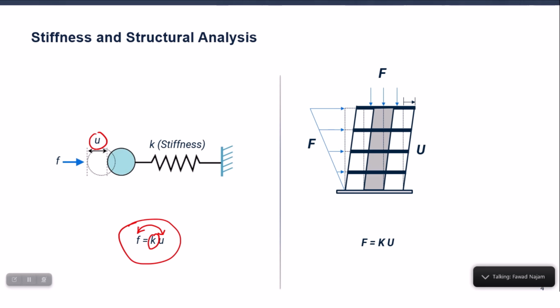We can call it the spring constant, and that K value depends on what material the spring is made of, and what geometry or thickness it has, right.